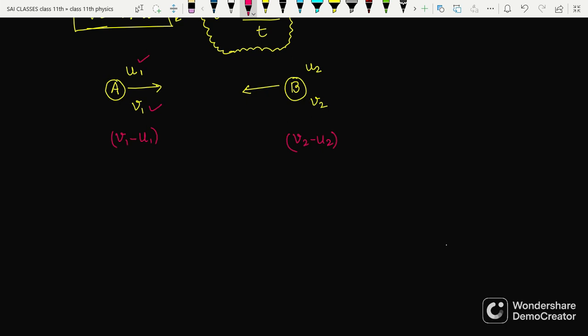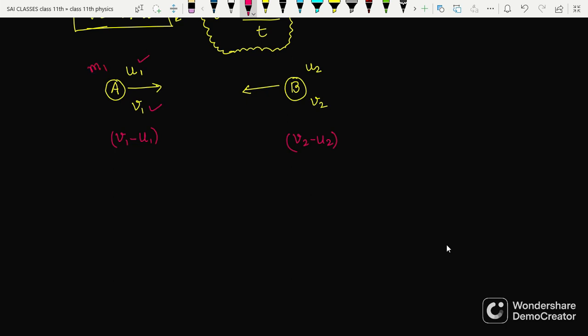So what would be the momentum of particle A? Momentum is mass times velocity. Let the masses not be identical.